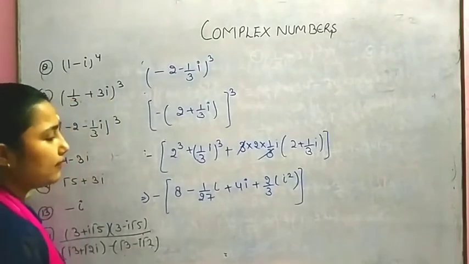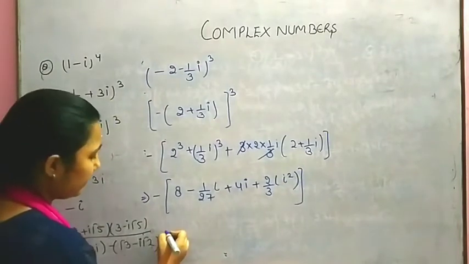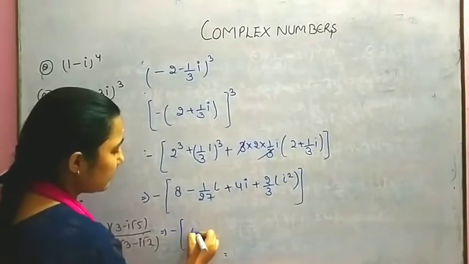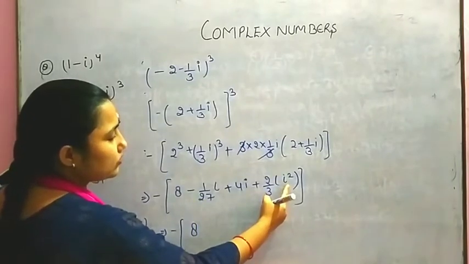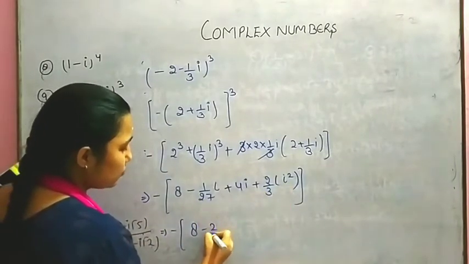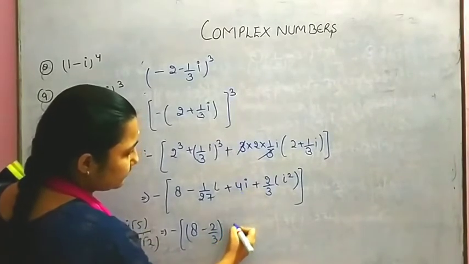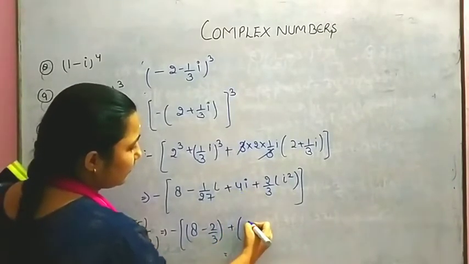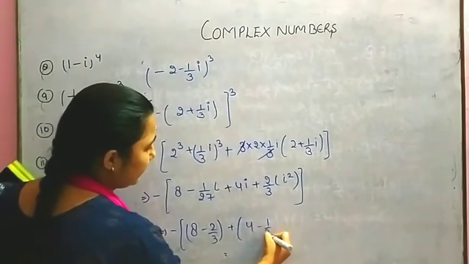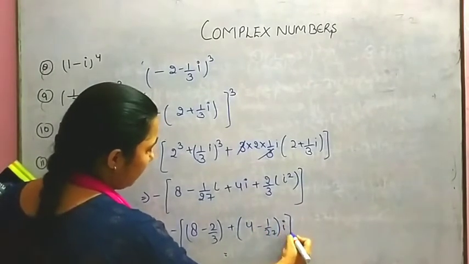Now solve the real part together, imaginary part together. We get minus 8 and put the value of i square, this is minus 1. So we get minus 2 by 3. And then 4 minus 1 by 27 i.